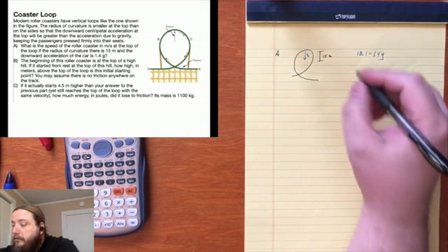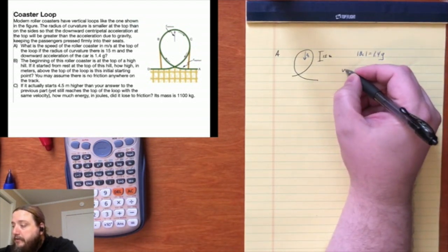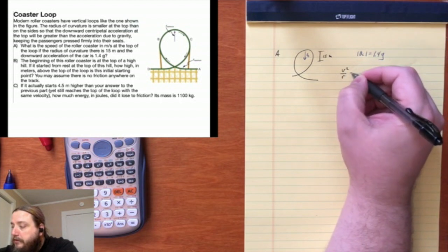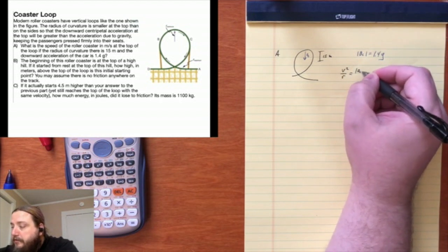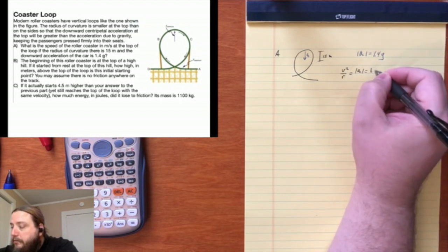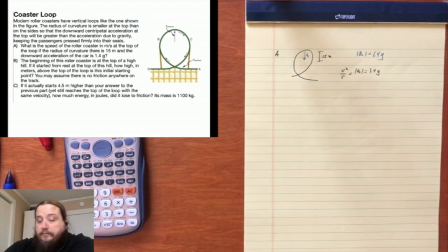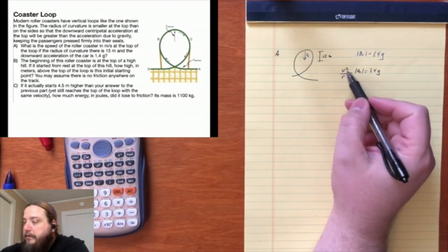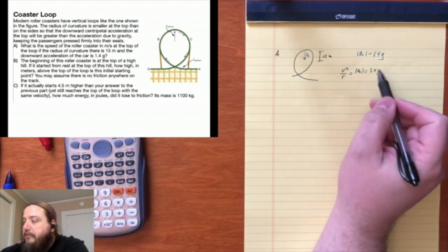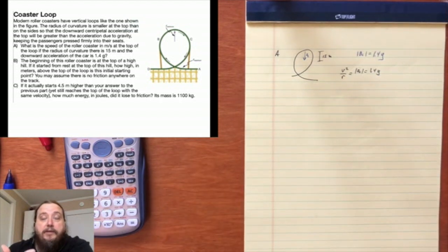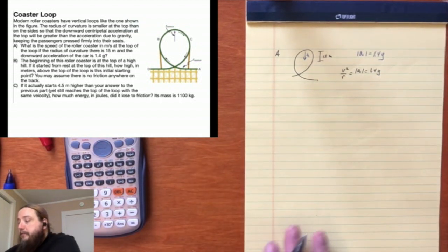So we can use our centripetal acceleration formula. v squared over r is the magnitude of centripetal acceleration, which in this case is 1.4 g. And we can just use this to solve directly for the speed we would need to be going at for this 1.4 g's to be the appropriate centripetal acceleration.